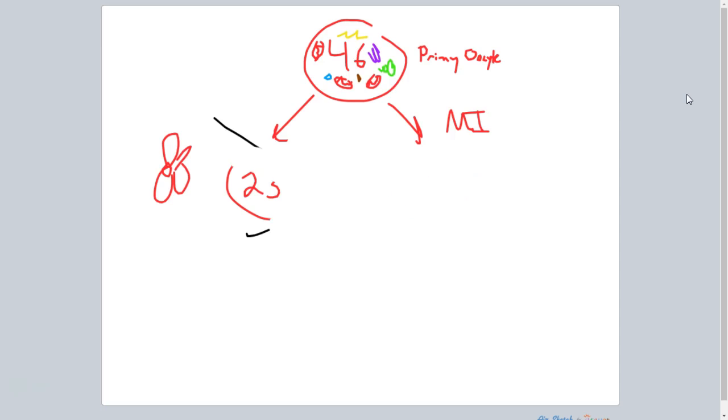Instead, at the end of meiosis I, we have what we refer to as an unequal cellular division. One member of each homologous pair goes into one cell, and the other member of each homologous pair goes into the other cell.